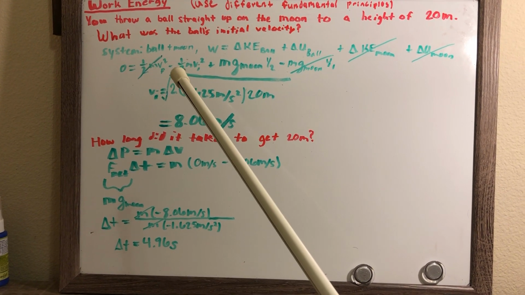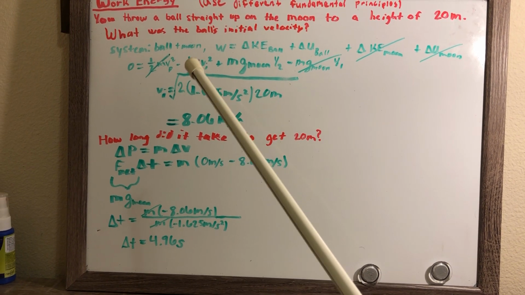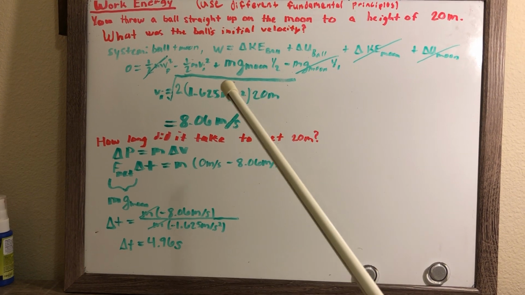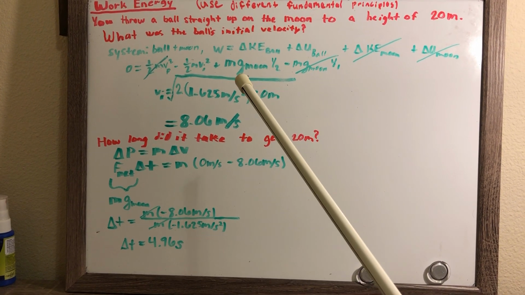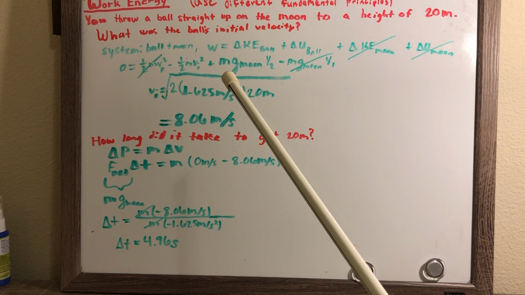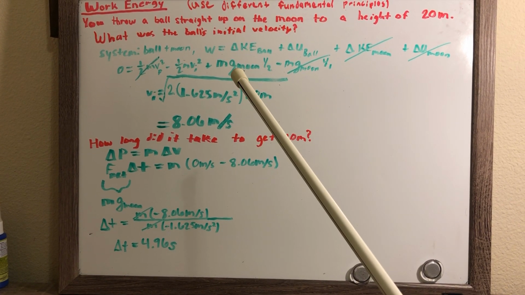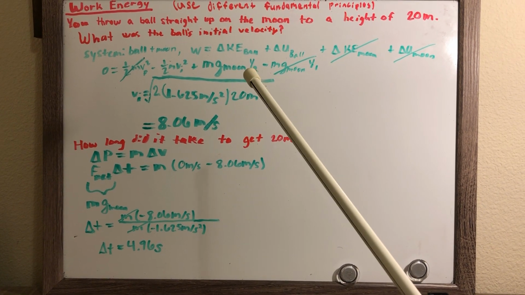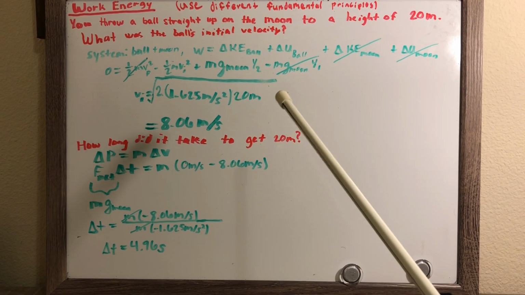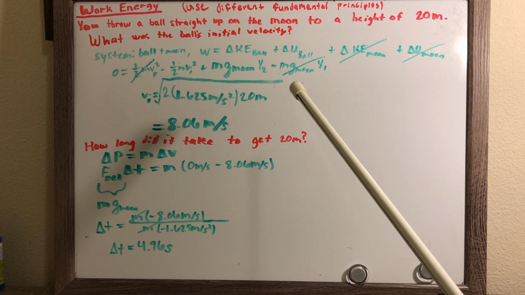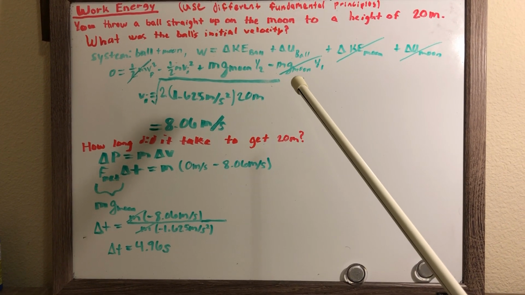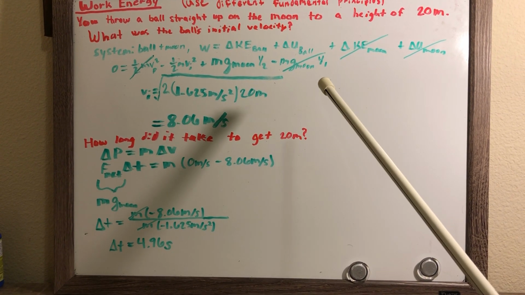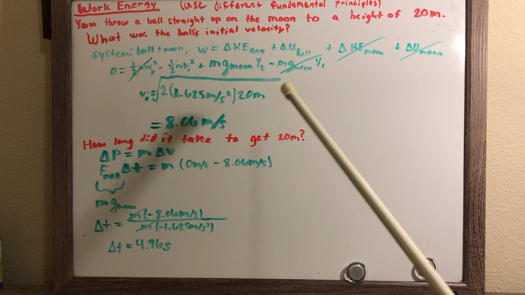And 1/2 m v_i squared is the initial kinetic energy, which is what you're solving for, the v_i term, plus the mass of the ball times the gravitational constant of the moon times the height that the ball reaches, y2, minus the mass of the ball times the gravitational constant of the moon times the initial height, which we are setting to be 0, so that term becomes 0 as well.